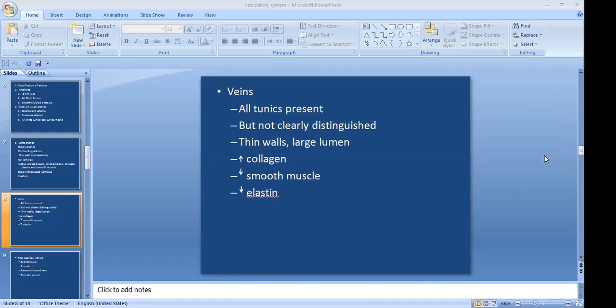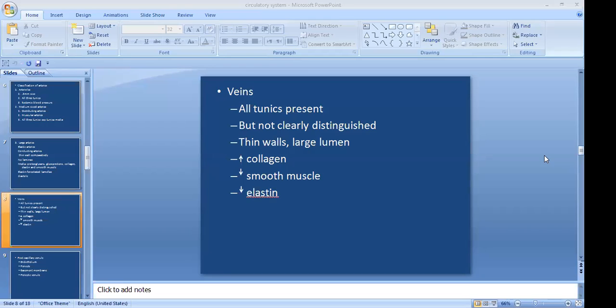Now we are discussing veins. In veins, all the three tunicas are present, as I discussed earlier, but these tunicas are not clearly distinguished or demarcated as compared to the arteries.